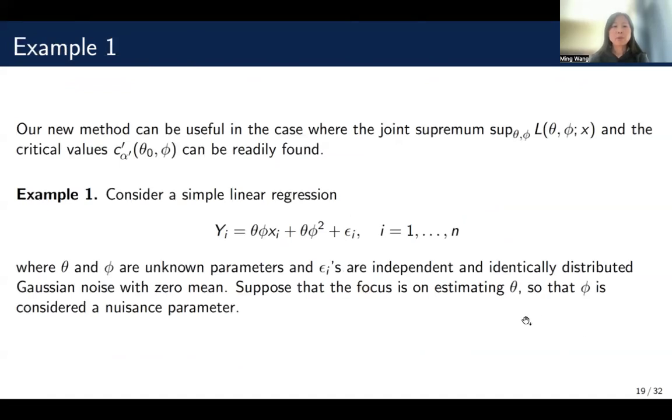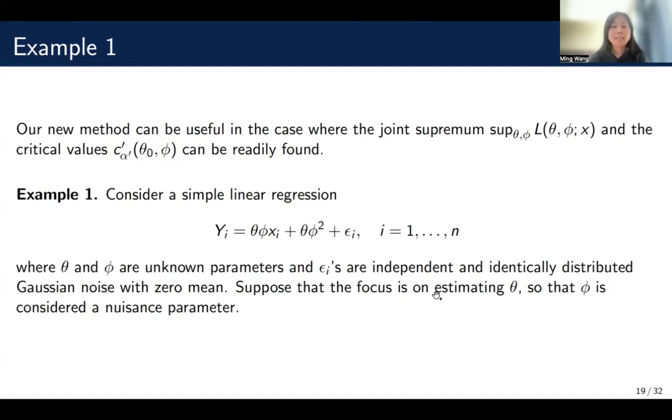Let's use an example to compare our method with the traditional methods, in the case where the joint supremum of the likelihood and the critical value C prime alpha prime can be readily found. The example says, consider a simple linear regression, y_i equals theta phi x_i plus theta phi squared plus epsilon_i, where theta and phi are unknown parameters and epsilon_i are independent and identically distributed Gaussian noise with zero mean.